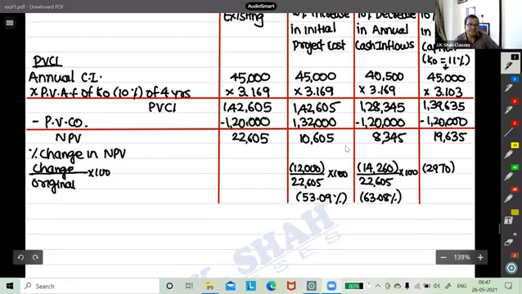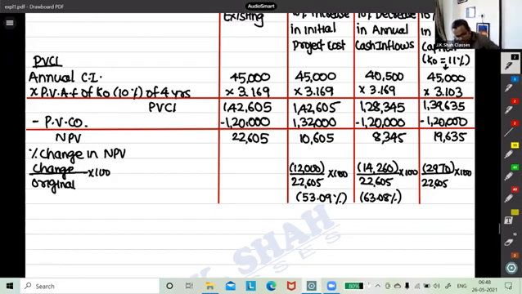Correct, friends? Divided by the original one, 22,605. It is 13.138, so let's write 13.14.